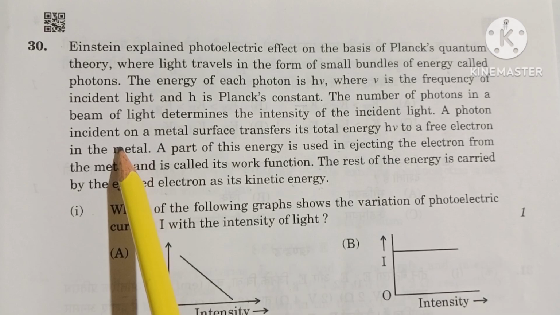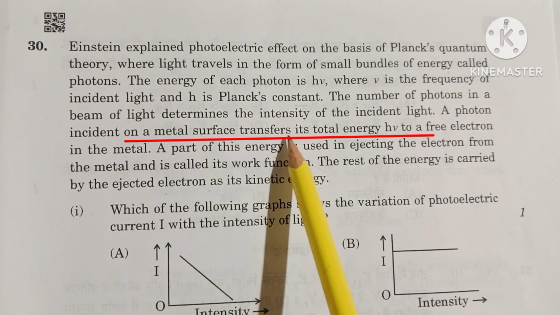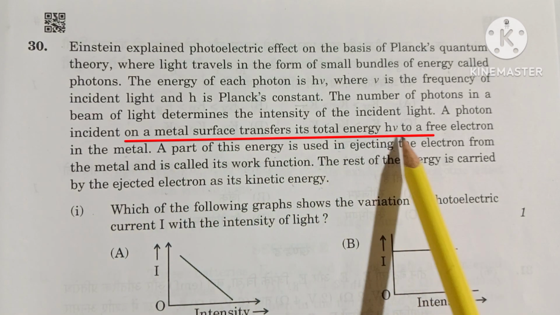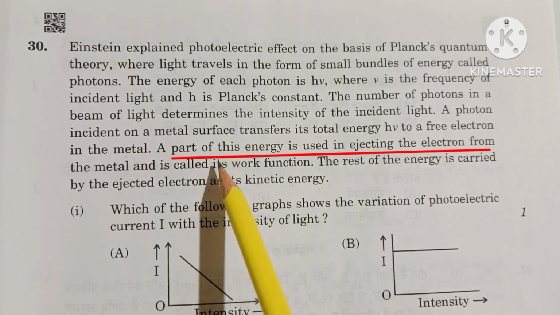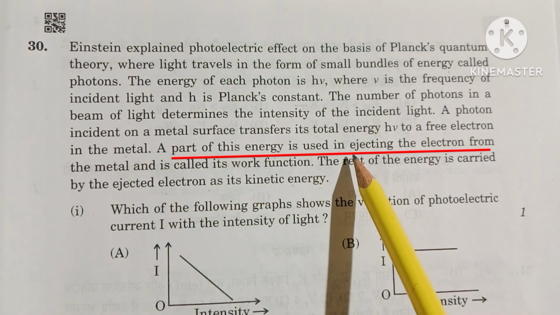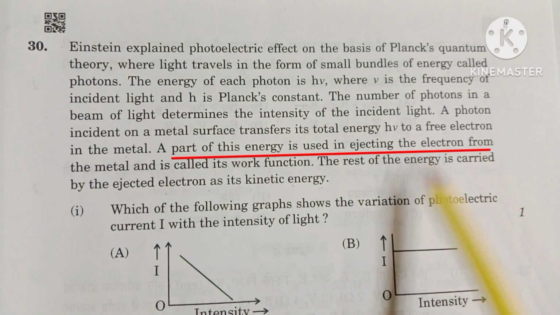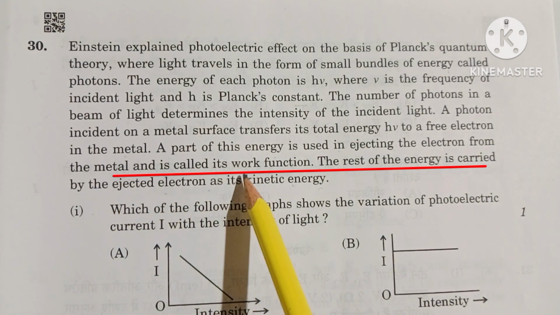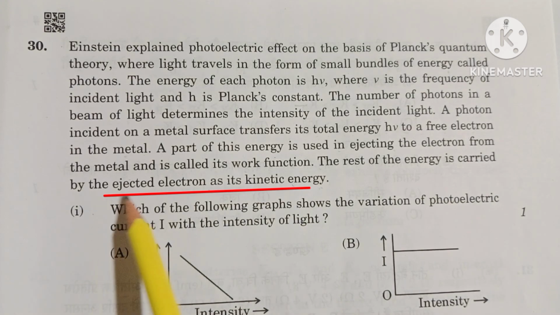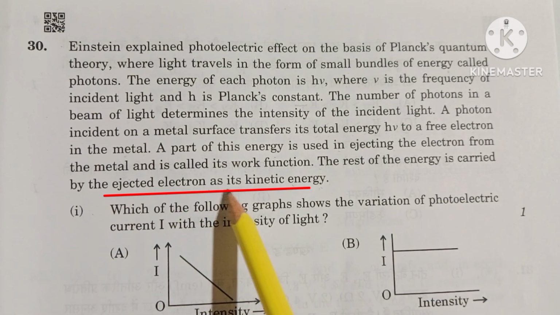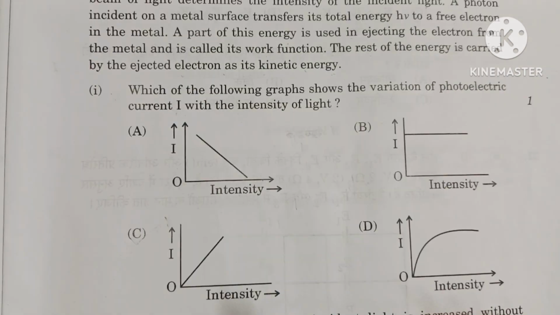A photon incident on a metal surface transfers its total energy h nu to a free electron in the metal. A part of this energy is used in ejecting the electron from the metal and is called its work function. The rest of the energy is carried by the ejected electron as its kinetic energy.